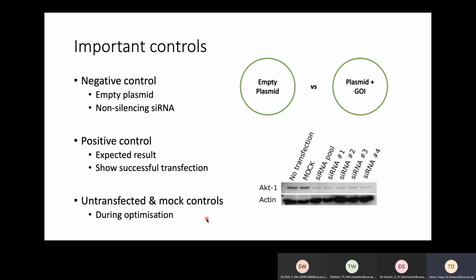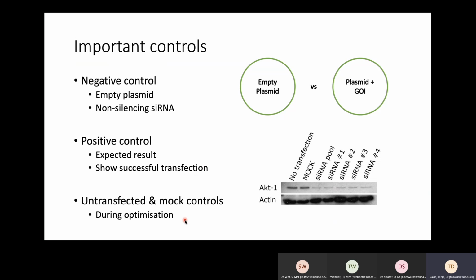So say, for instance, you are starting out with a new transfection reagent, or you're switching over to a different cell line, and you're seeing that sometimes the cells maybe look a bit stressed, or you don't know what's going on with them.